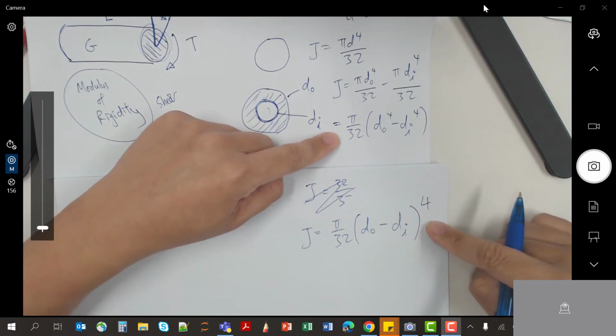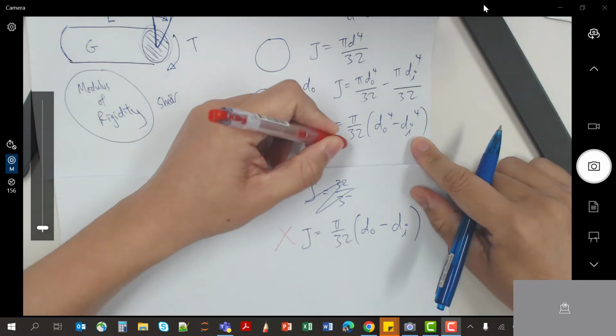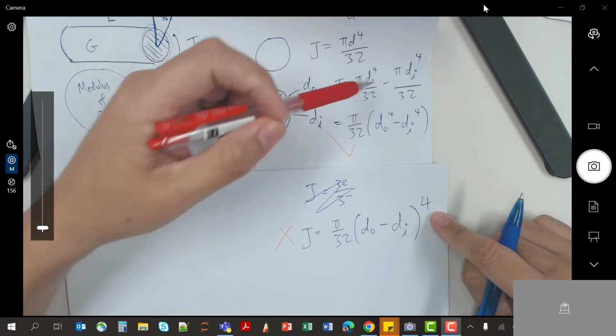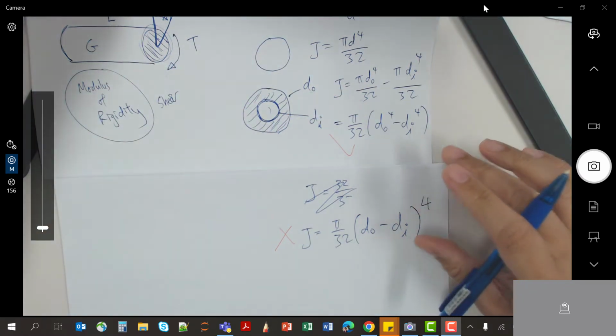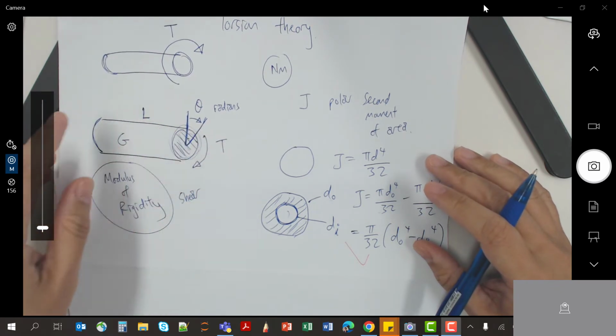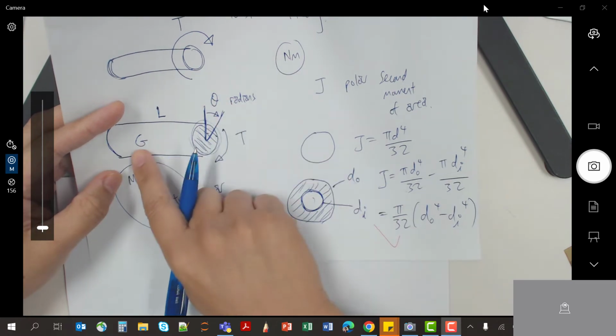These two are different. This is wrong, this is correct. So remember, don't commit this mistake. So we got J, and this will be the typical parameters: J, T, L, theta, G.